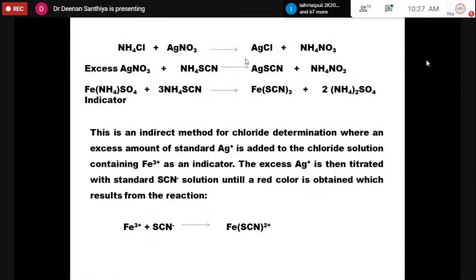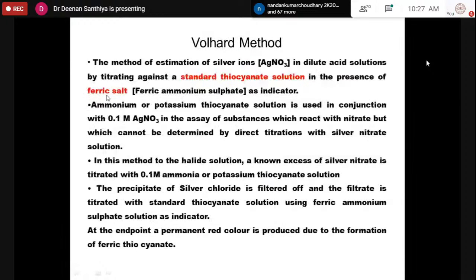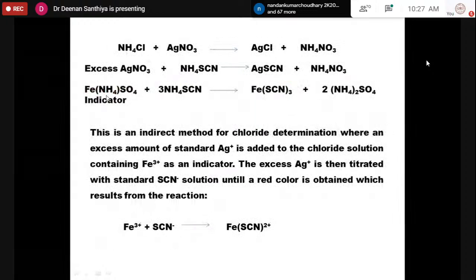So the reaction will take place like this. Sorry, one minute. Ferric salt, no? The ferric thiocyanate will form. So you are taking silver nitrate.